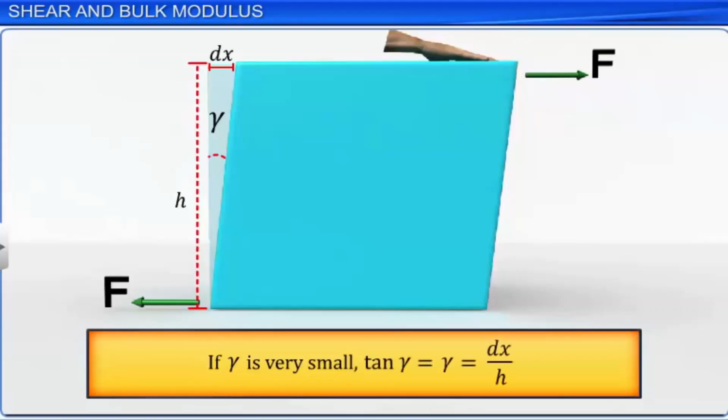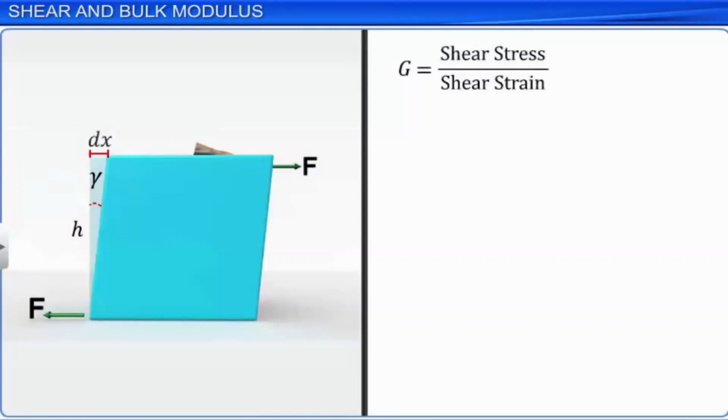The ratio of shear stress to shear strain for a material is the shear modulus or the modulus of rigidity and is denoted by the symbol G. Shear modulus has units of newtons per meter square or Pascal.